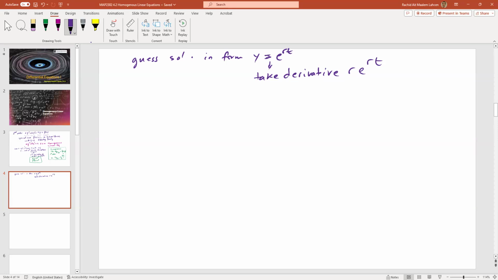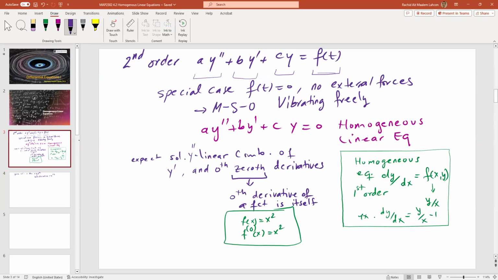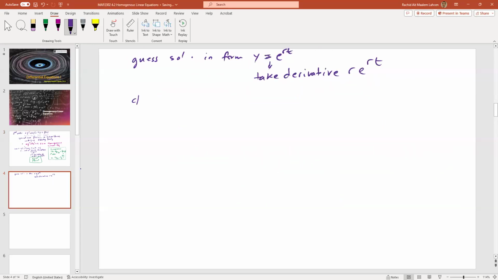So let's do that. We know what the first derivative is and what the second one is. Let's see if that works. So let's substitute into the equation and see if it works.